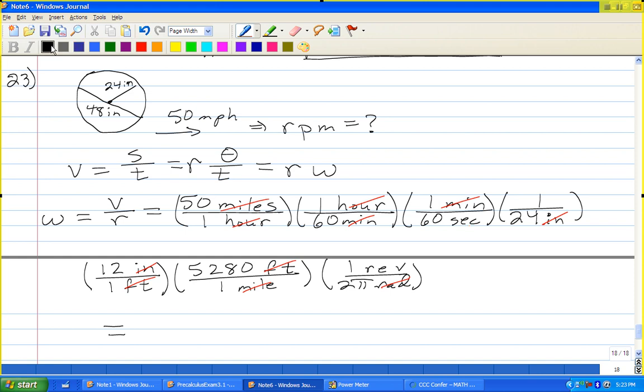Okay, so multiply this out. 50. Well, let's at least do some cancellations, maybe. Well, no. I'll just multiply it out and then reduce it at the end. Okay, that's a 5.